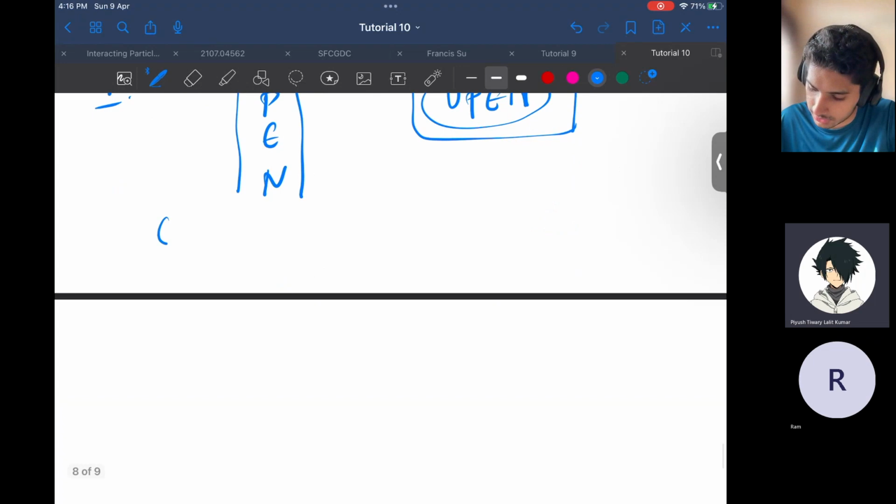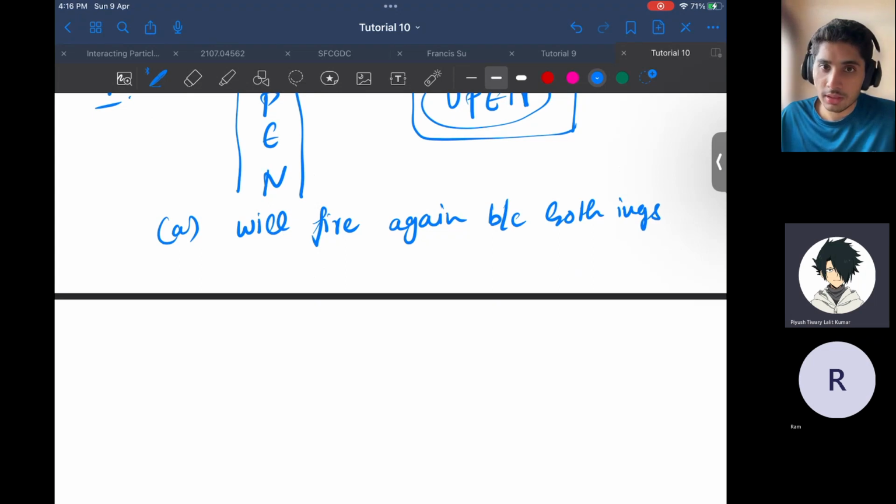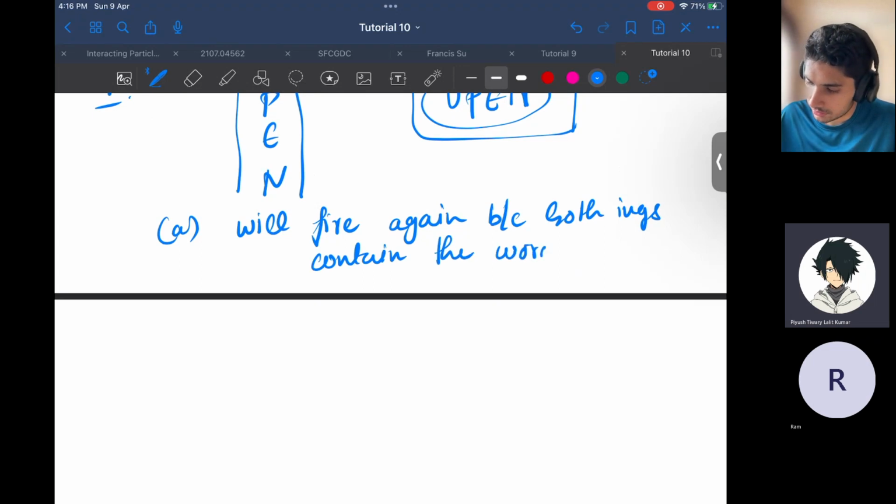The first option says that this neuron in the third convolutional layer will fire again because both images contain the word "open".